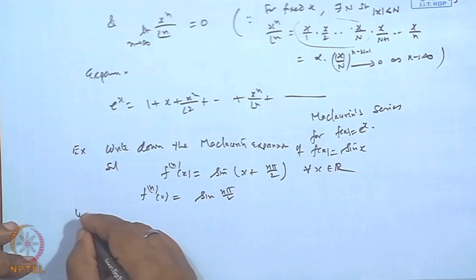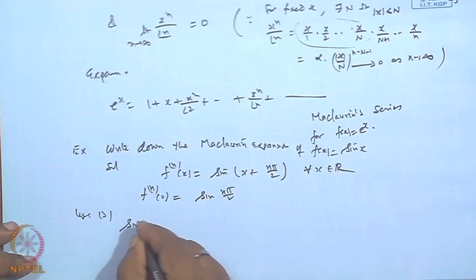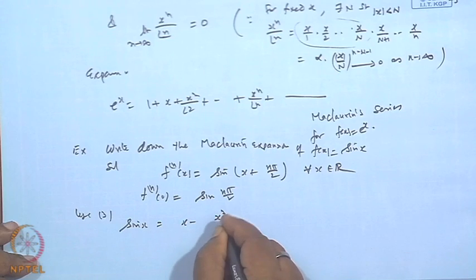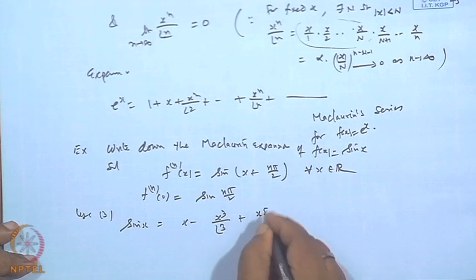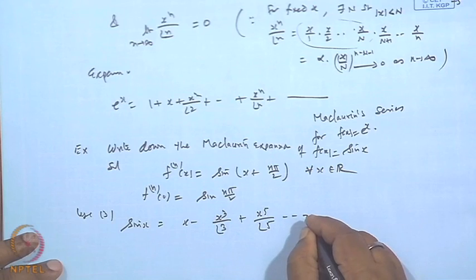So, if you use this, we get the expansion of sin x as x minus x cube by factorial 3 plus x to the 5 by factorial 5 and so on like this.